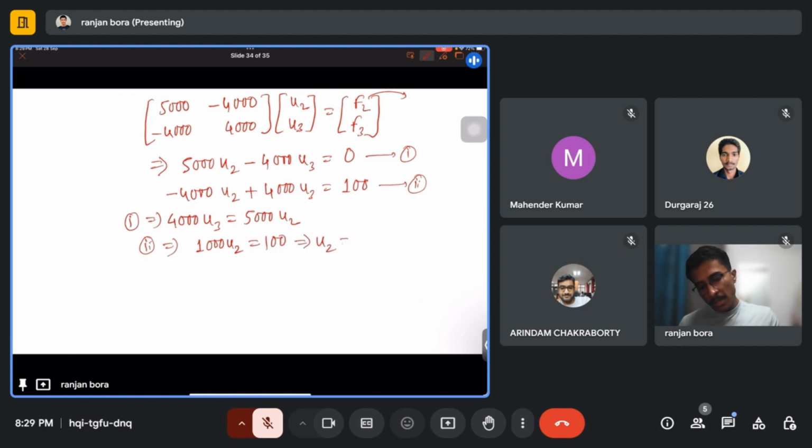So from here U2 is 0.1 meter, and from this equation U3 will be 5 by 4 into 0.1. It will be 0.125.